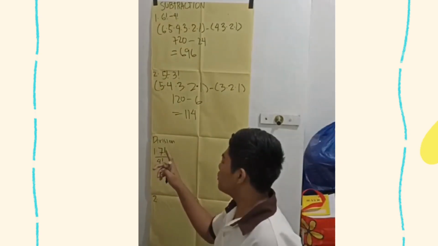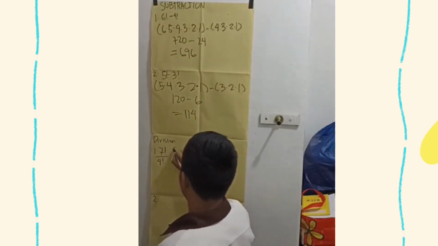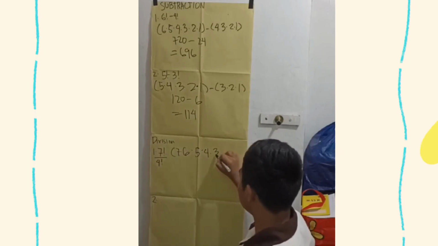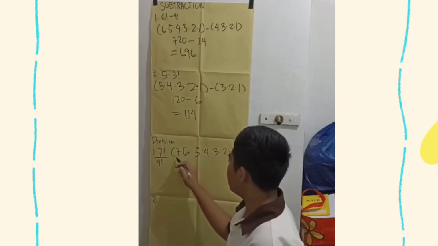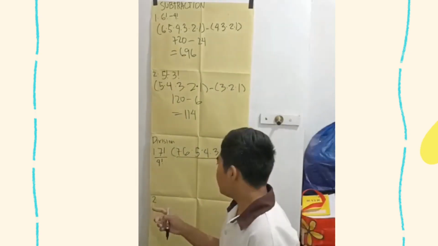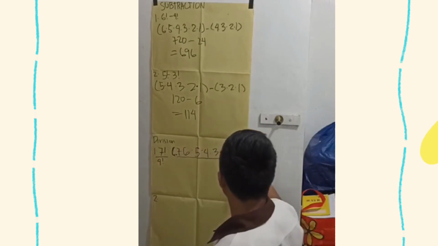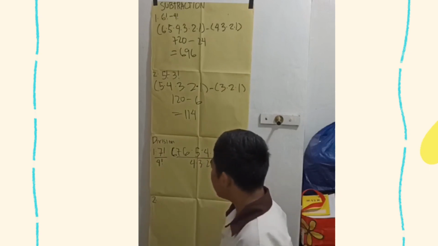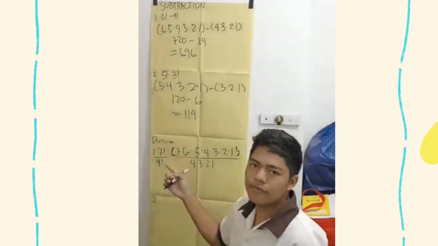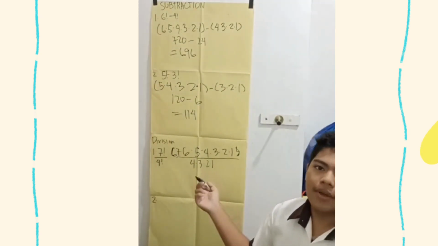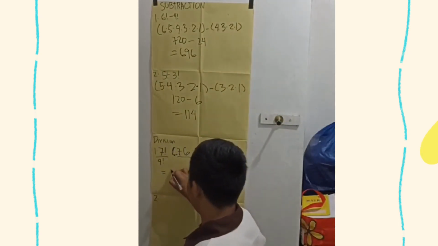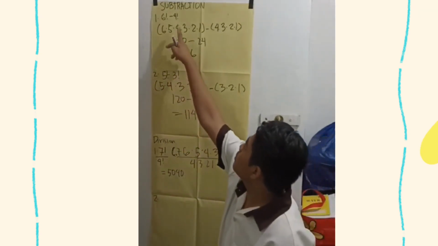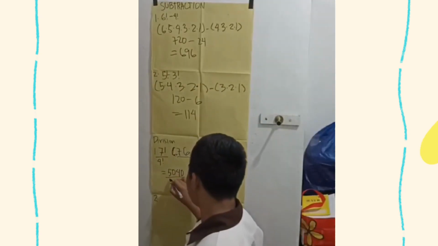First, expand natin itong 7 factorial tsaka 4 factorial. 7 times 6 times 5 times 4 times 3 times 2 times 1 over 4 factorial, which means 4 times 3 times 2 times 1. 7 factorial is equal to 5,040. 4 factorial is equal to 24.